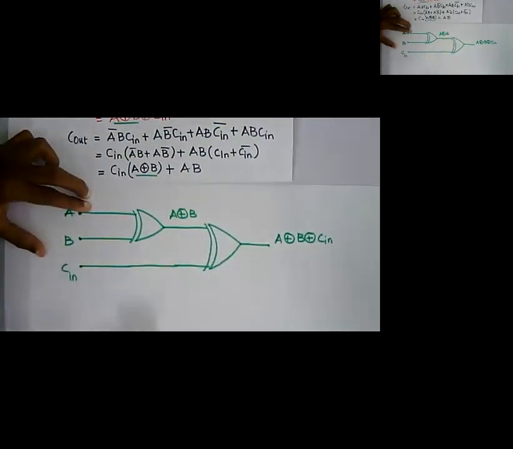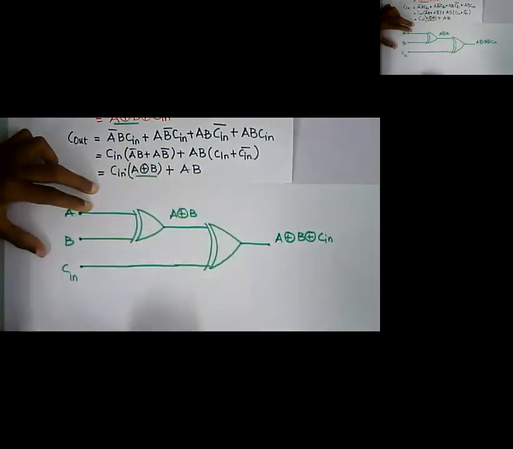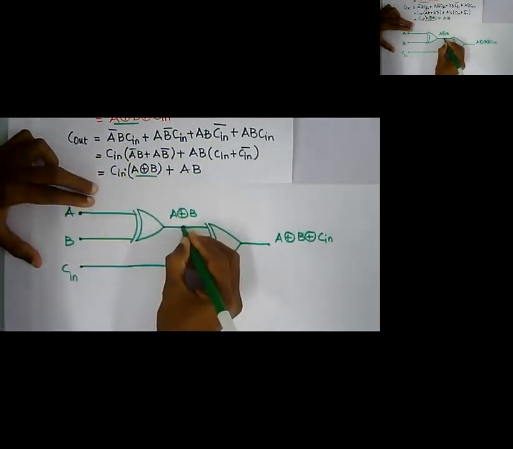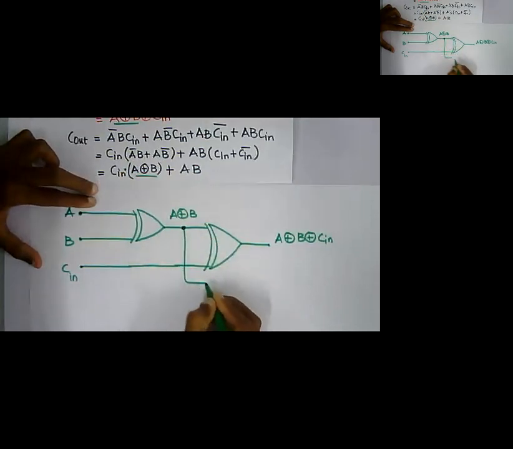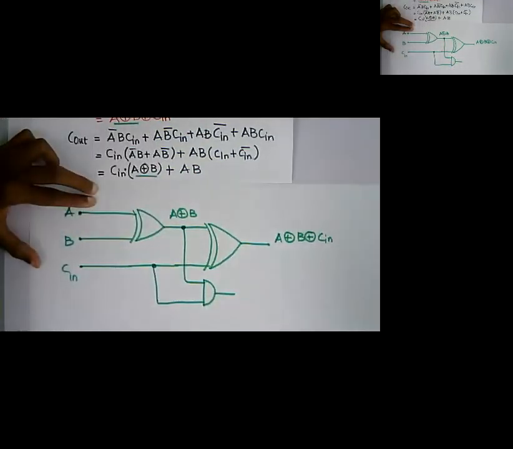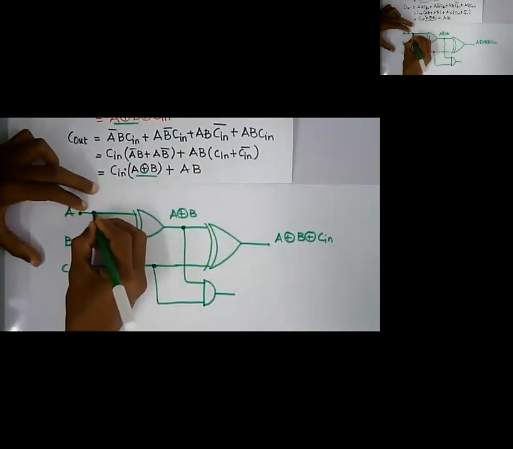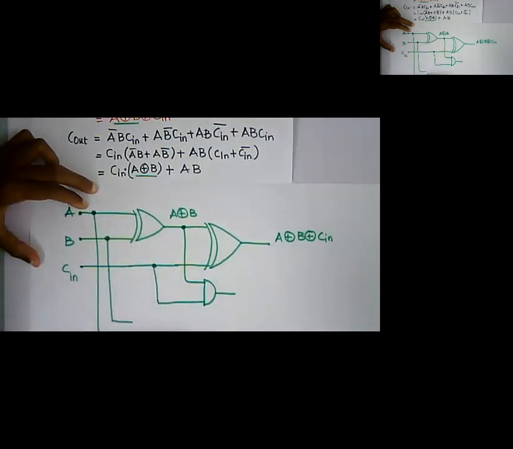Now what I have next is C in into A XOR of B. I have A XOR of B here and C in here, and I can give them to an AND gate. Dot means AND gate. Then I also have an AB component: I put A and B into another AND gate.